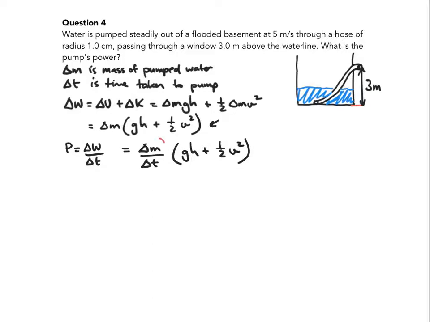Now this term here is termed the rate of mass flow, so it's the mass flow rate. We know also that delta M over delta T, the mass flow rate, is equal to the density of the water times the cross-sectional area times the velocity.